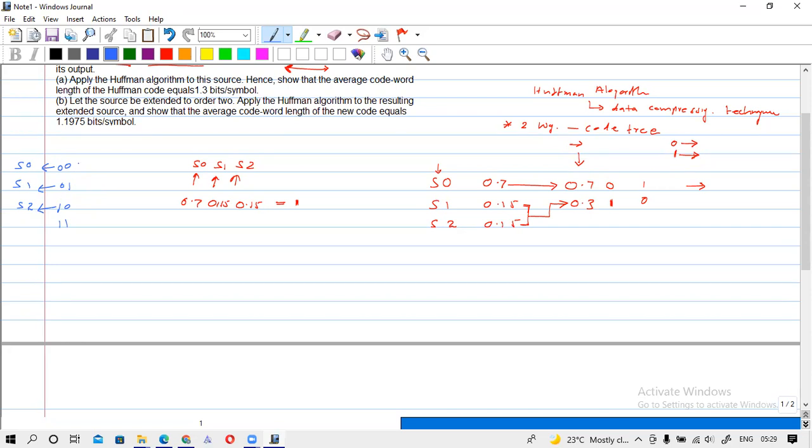Directly we assign some bits to identify these characters. We have used 2 bits. So the code word for S0 in this case is 00, the code word for S1 is 01, and the code word for S2 is 10. So these are the code words if we directly assign the bits.